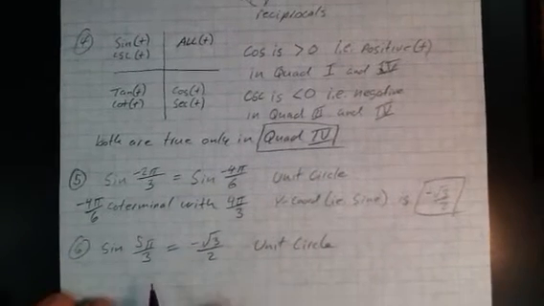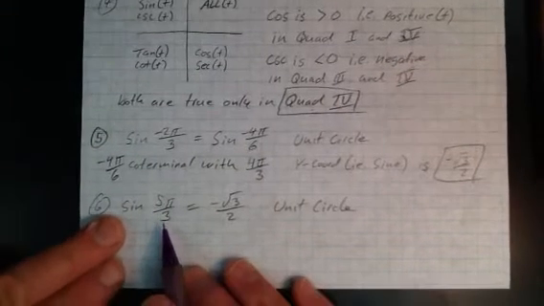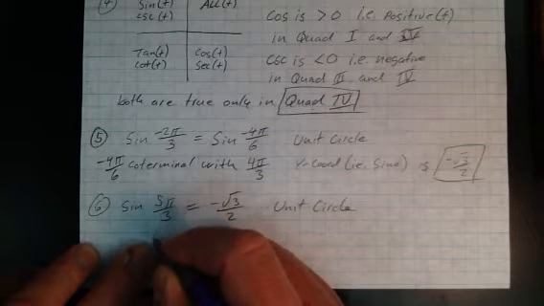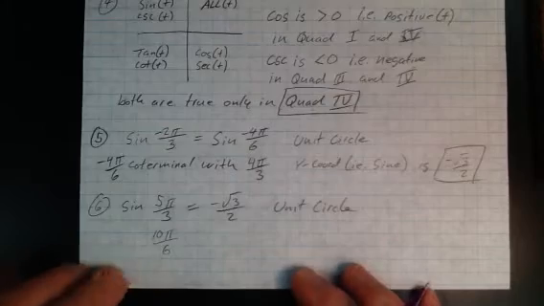Now then, they want to say, what is 5 pi over 3? That's the same thing as 10 pi over 6.